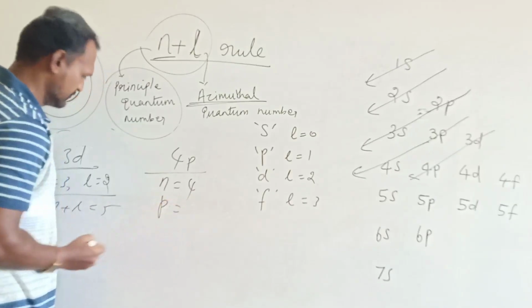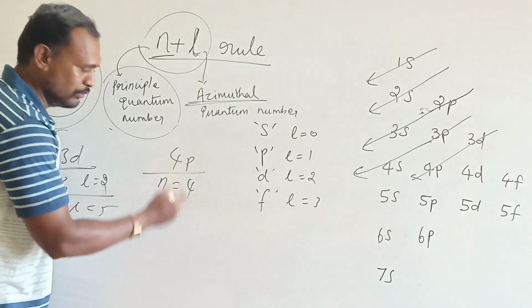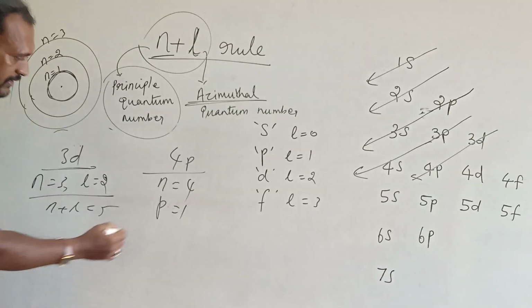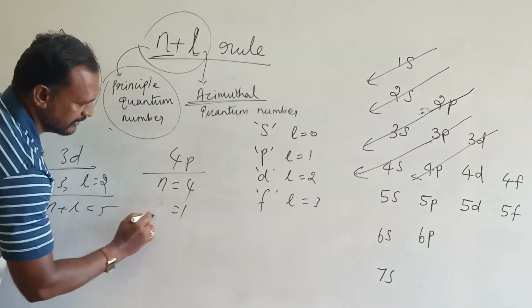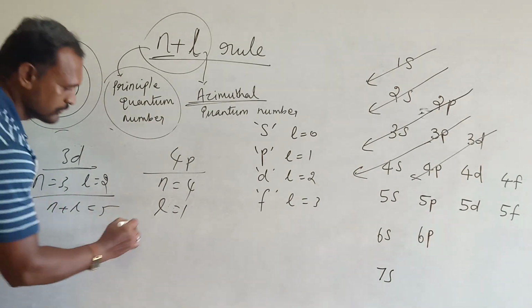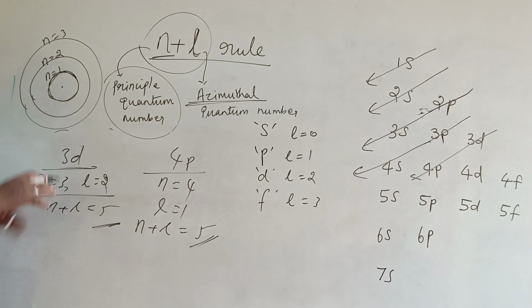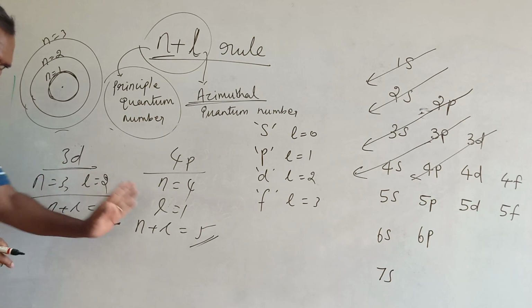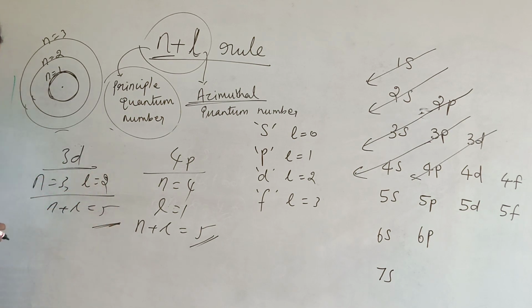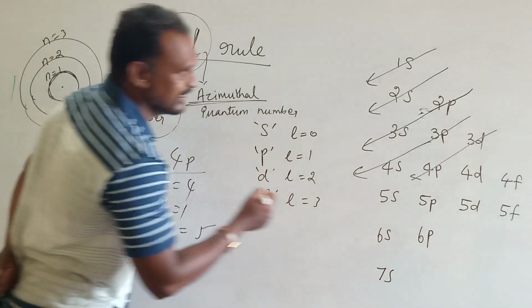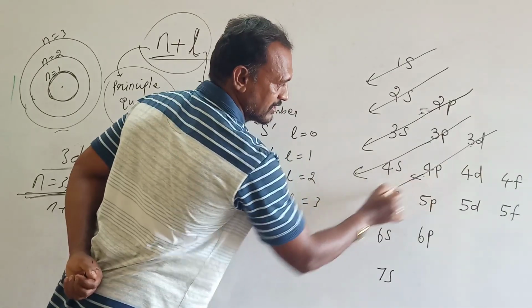For p, l value 1. So n plus l value 5. Clear? So both are having equal n plus l value. Okay, if these two are having equal n plus l value, then we should see the n value. So 3d is having less n value. So 3d is filled before 4p.